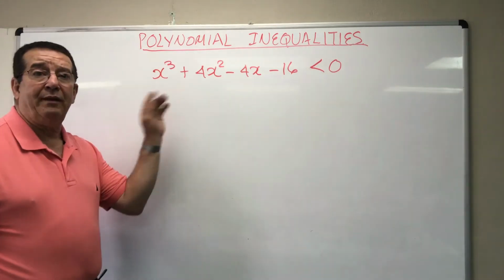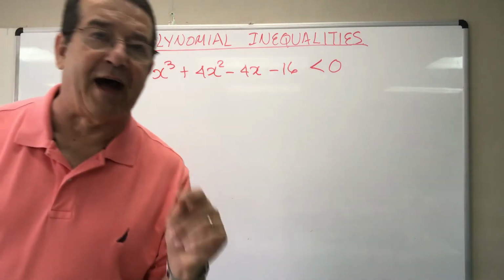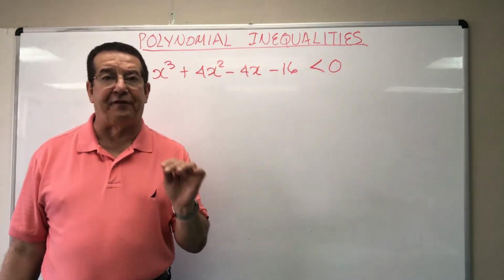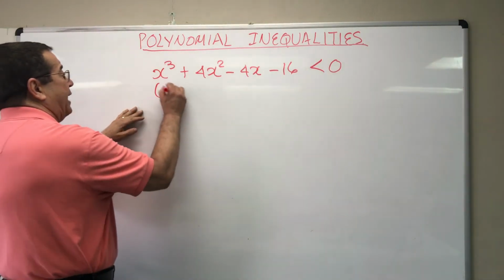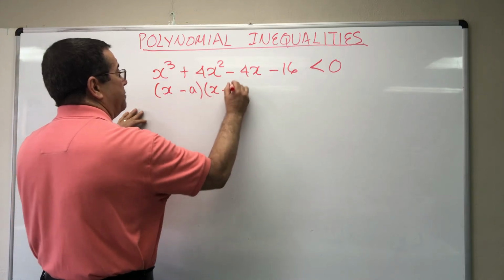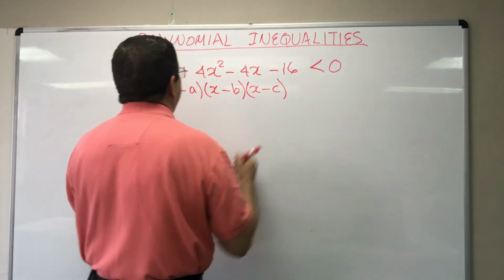Remember, the first step is to find the factors. Then I need to represent this polynomial like this: (x minus a)(x minus b)(x minus c).